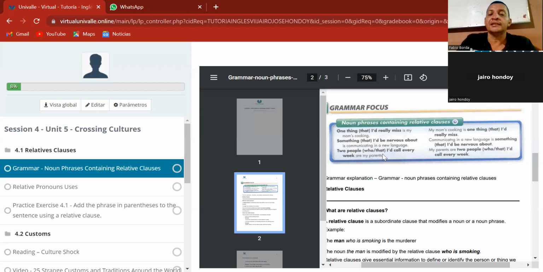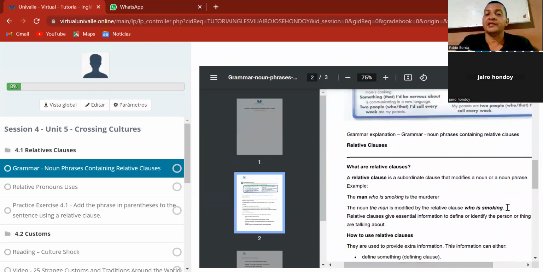Who or that is allowed in this kind of sentence because we are referring to people or to a person. So in this case, who is the two people, or maybe that is referring to the two people. My parents are two people. We are referring to people: two people who or that I call every week.